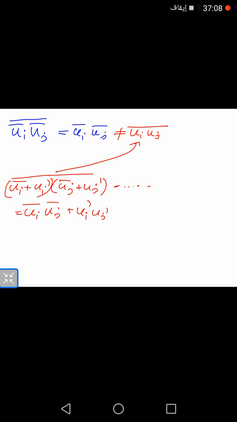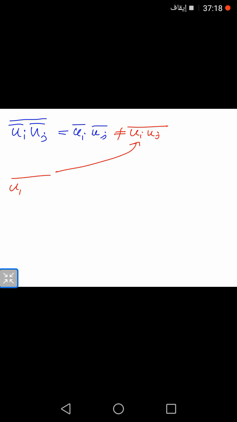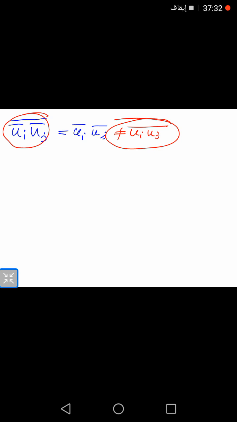Yeah? So obviously, it's very, very important to remember and to not confuse it. Very important that this is not an identity. This expression here equals that expression, but it does not equal this expression, okay?